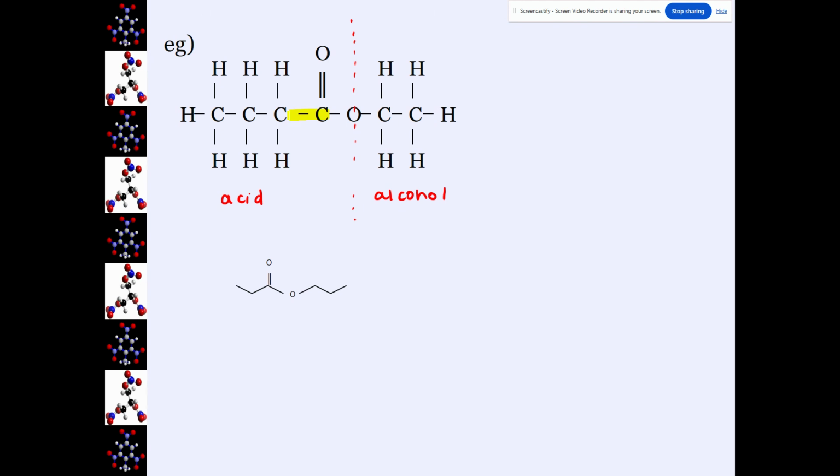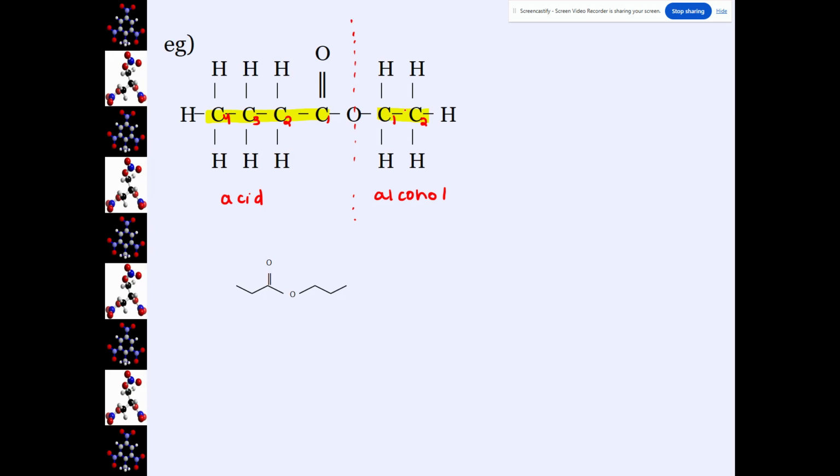Starting with the carbon double bonded to the oxygen, that's my acid side. Starting with the carbon bonded to the oxygen on my alcohol side. So those are my two longest chains, and again, they can both have branches on them, okay? So I number 1, 2, 3, 4 for the acid going to the left, and 1, 2, and so on for the alcohol going to the right.